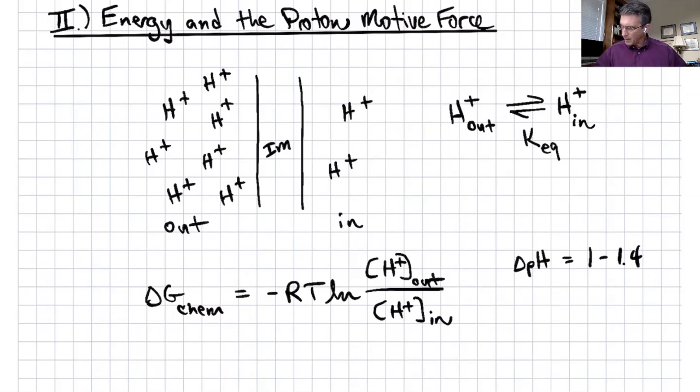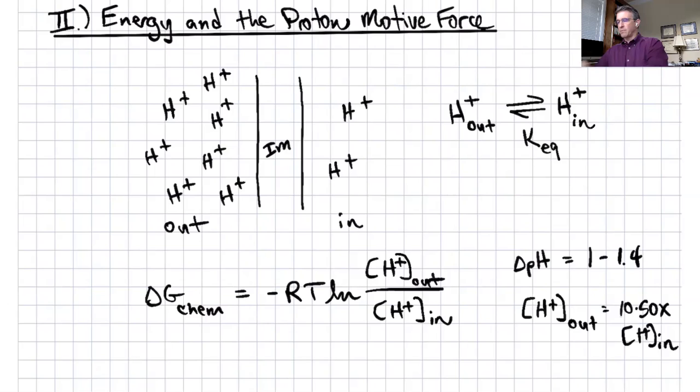Which means the concentration of protons on the outside is in the range of 10 to 50 times that of the concentration of the protons on the inside. So you plug that into that equation, and that's a decent amount of free energy.